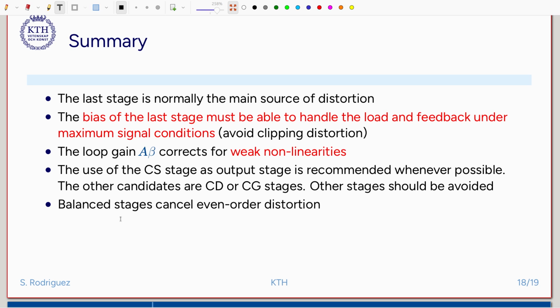It is naturally possible to use common drain and common gate stages, but the common source stage is the best from the linearity point of view. Other stages should not be used. Impedances in series or shunt should not be used. And the last thing is that balanced stages are very useful because they cancel even order distortion.